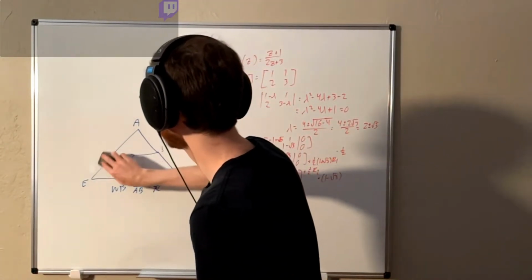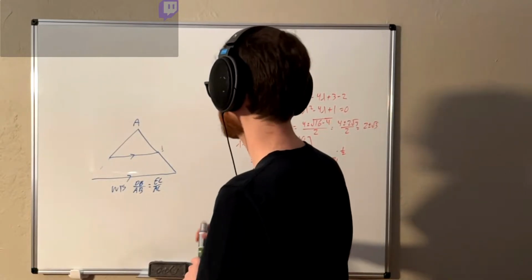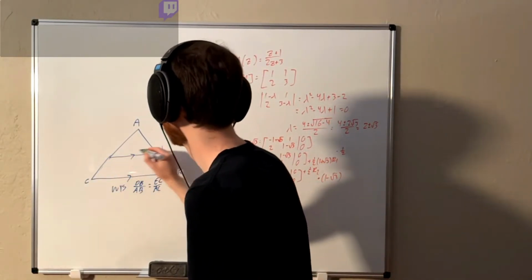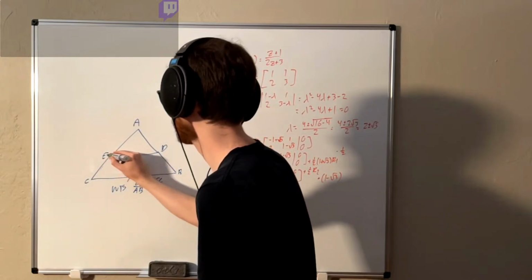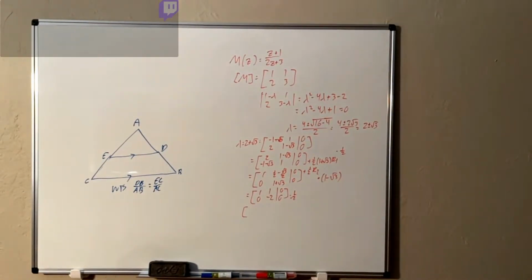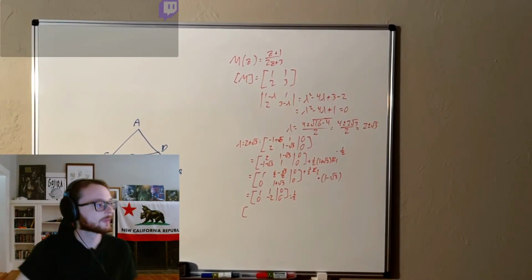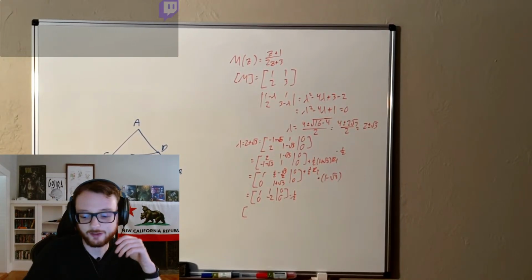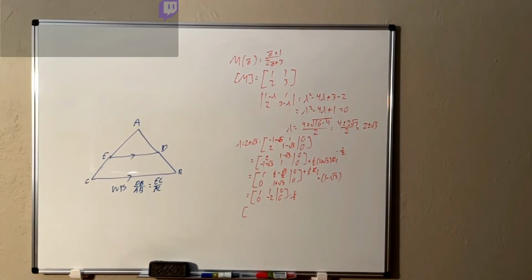Not like that. I didn't actually swap them. A, B, C is the big triangle. D, E is the small triangle. There we go. No? My cannon's blocking it.